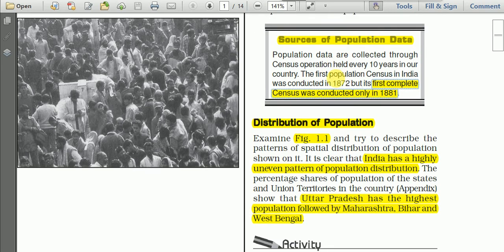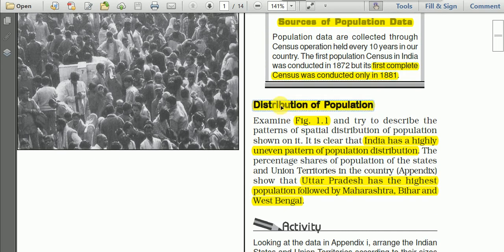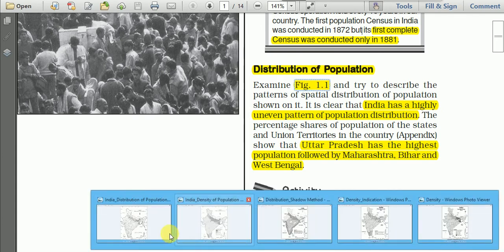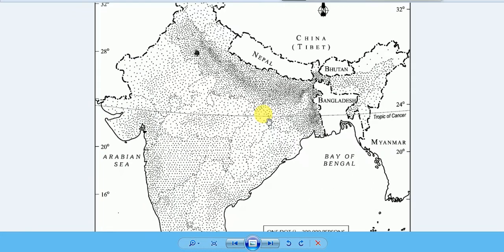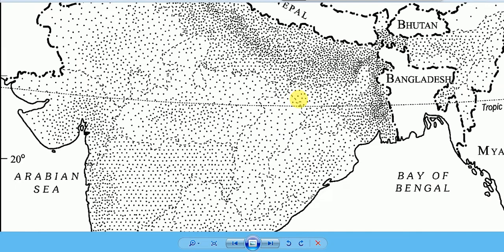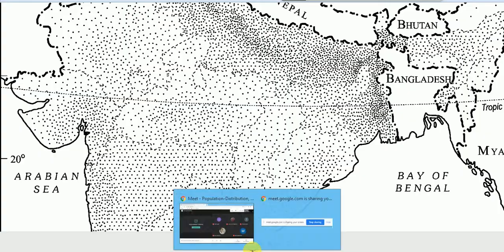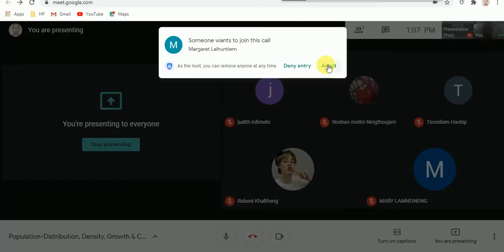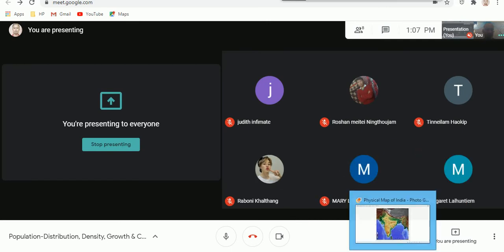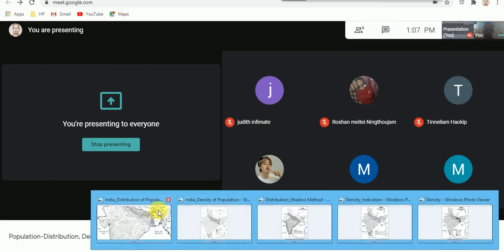And now let us read about the distribution of population. First, let us examine figure number 1.1 and try to describe the patterns of spatial distribution of population shown on it. So this is figure 1.1, showing the distribution of population for the year 2011.